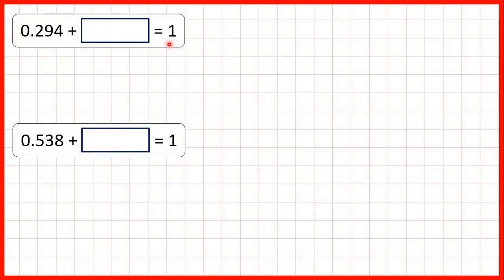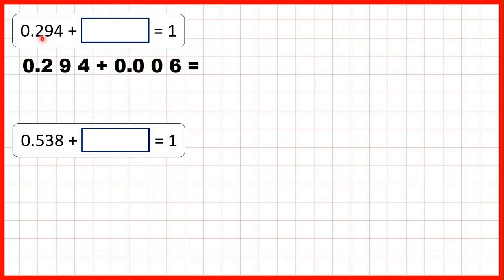Now we need to make decimal number bonds to 1. So first, 0.294 plus what equals 1 whole. What I like to do is solve these by counting on. So if we start at 0.294 and first add 0.006, so 6 thousandths, that gives us 0.300, just as 294 plus 6 equals 300.